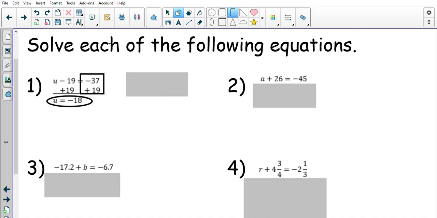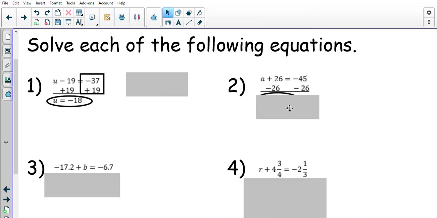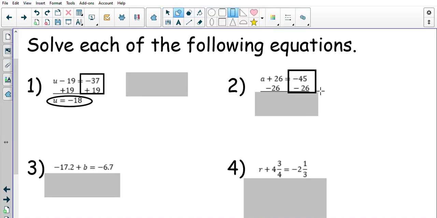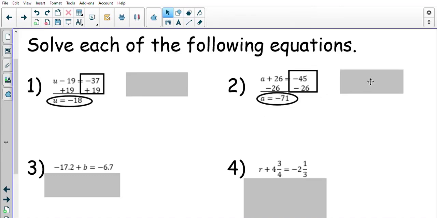All right, number 2, again, what's happening to the variable is add 26. So to undo that, we're going to subtract 26. In your calculators, you should have plugged in negative 45 minus 26, and you should get a equals negative 71. Number 3, what's happening to the variable b is we're adding negative 17.2. So let's add a positive 17.2 to both sides.